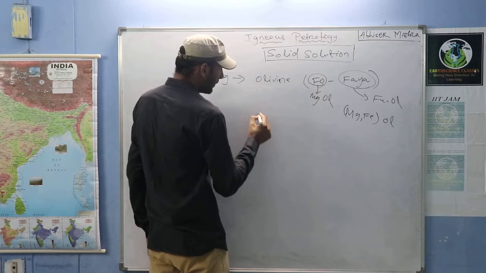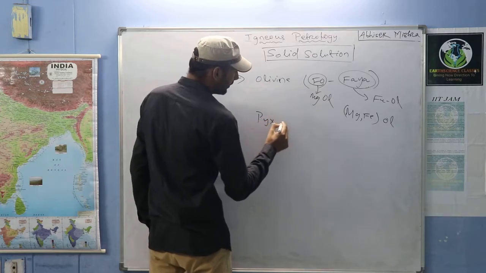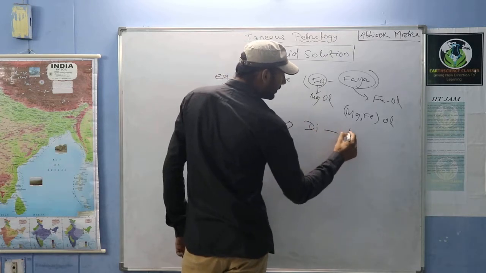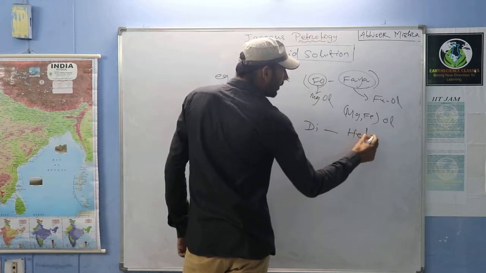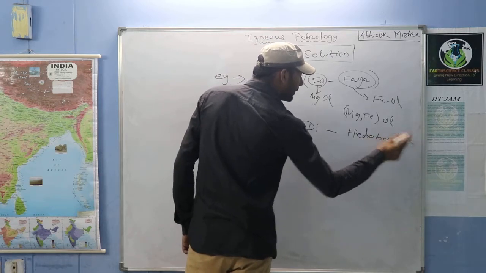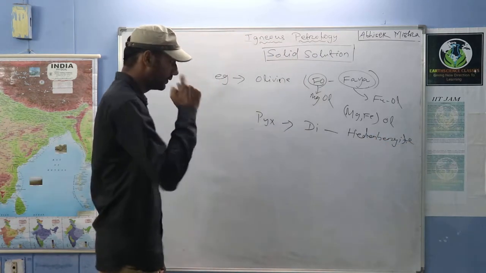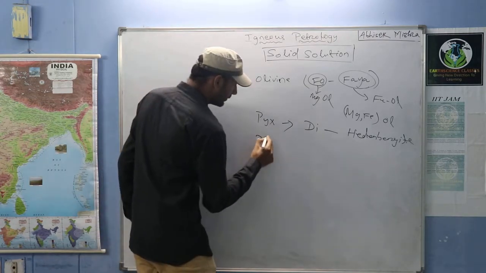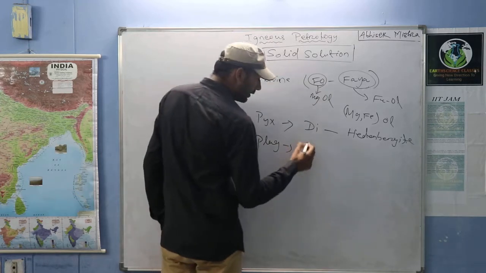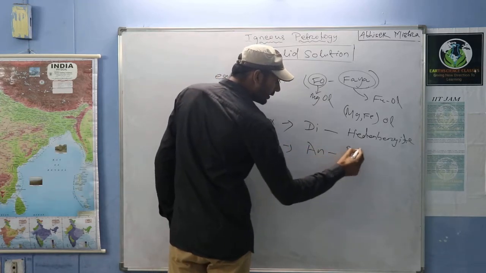Another example of solid solution in the pyroxene group is diopside and hedenbergite. In plagioclase, solid solution exists between anorthite and albite.